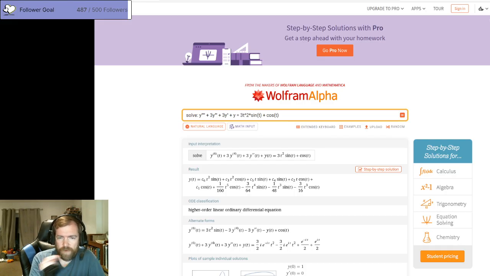And then we've got, interesting, anyway, it doesn't matter. 1/160th t to the 5th cosine of t, minus 3/64th t to the 4th sine of t, minus 1/48th t cubed sine of t, minus 3/16th t cubed cosine of t. So that makes it kind of interesting.